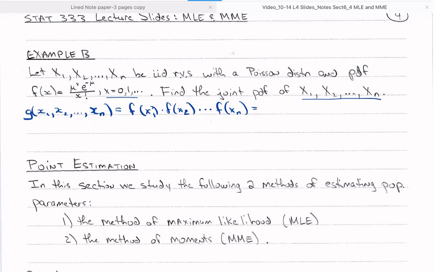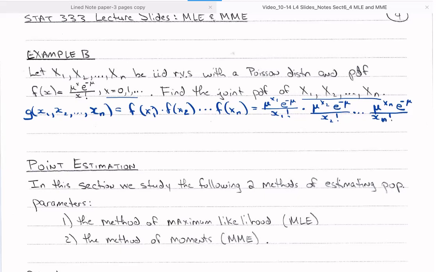And remember that we have mu raised to x1 e to the negative mu. They all have the same mean. And then we have x1 factorial times mu raised to the x2 e to the negative mu over x2 factorial, up to mu raised to the xn e to the negative mu over xn factorial.